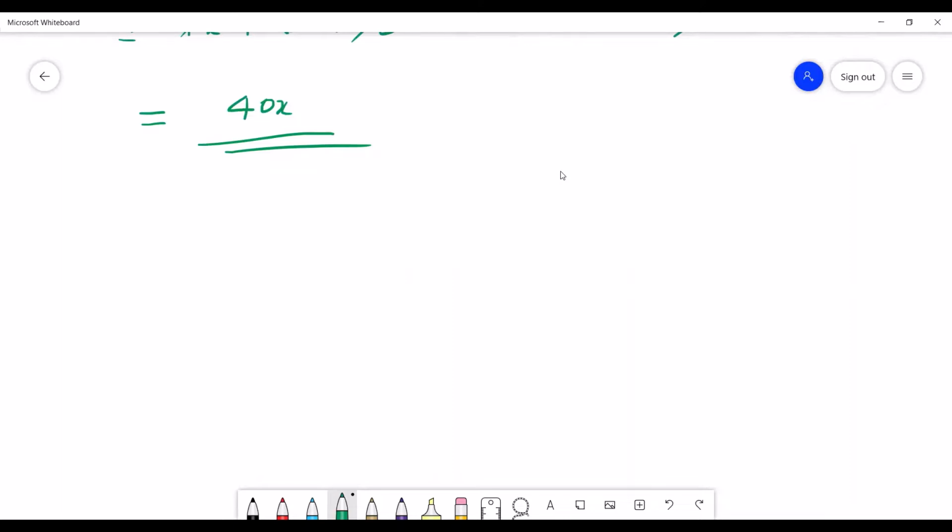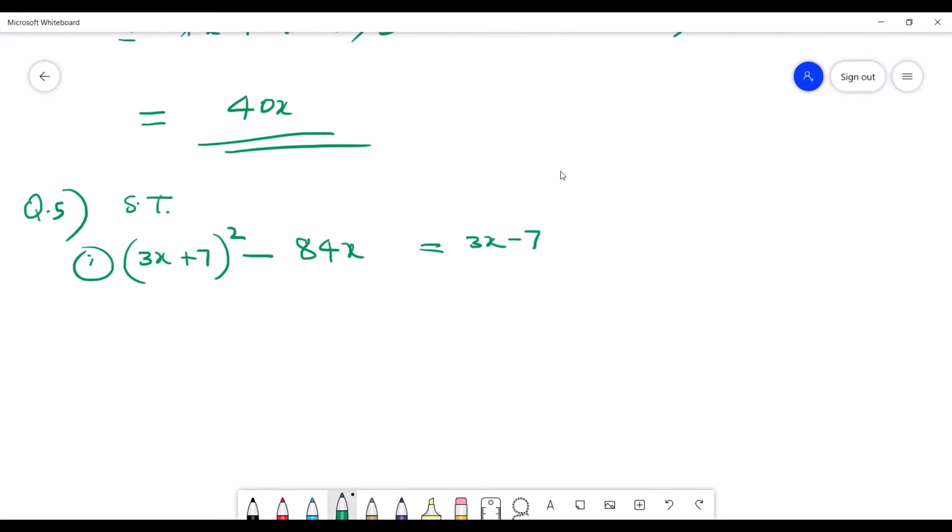Now let us consider question number 5. It is asking to show that, the first one itself we will see: (3x plus 7) whole square minus 84x is equal to (3x minus 7) whole square.